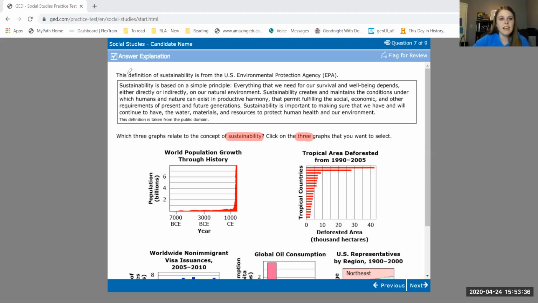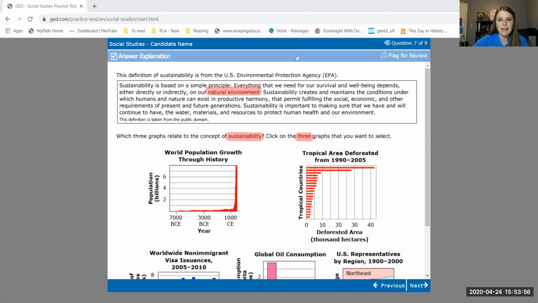It says, the definition of sustainability is from the U.S. Environmental Protection Agency, the EPA. Sustainability is based on a simple principle. Everything that we need for our survival and well-being depends either directly or indirectly on our natural environment.